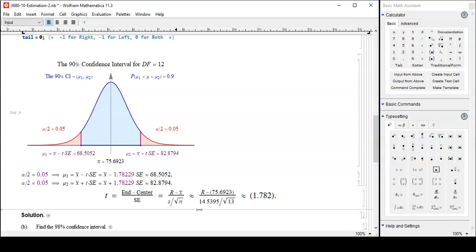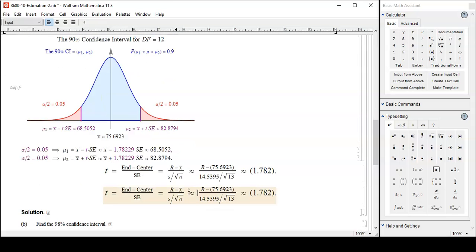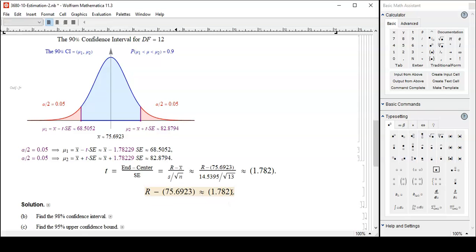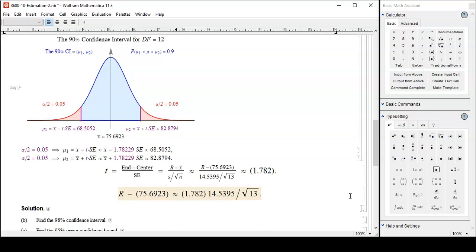Let's copy and paste this thing here. I don't need this part. Flip the denominator to the other side. We get this. T-score times SE, the margin of error. And flip this point estimate to the other side too. Then this is what I'm going to get.